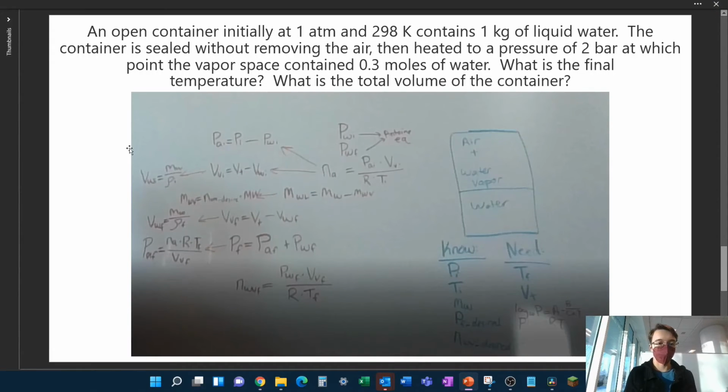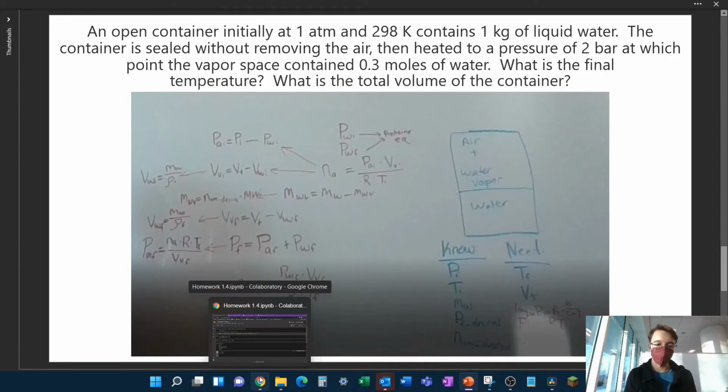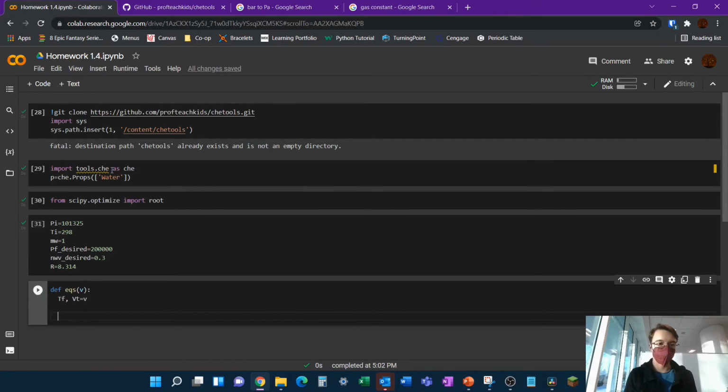So now let's start looking at our equations. We're going to have to go kind of right to left on these, though for the most part it's still top to bottom. So P air initial is defined before it's used in the equations over here. So we're kind of going to go the reverse of all of the arrows. We could start up here with using an Antoine equation, and that will be from this CHD tools library that we imported earlier.